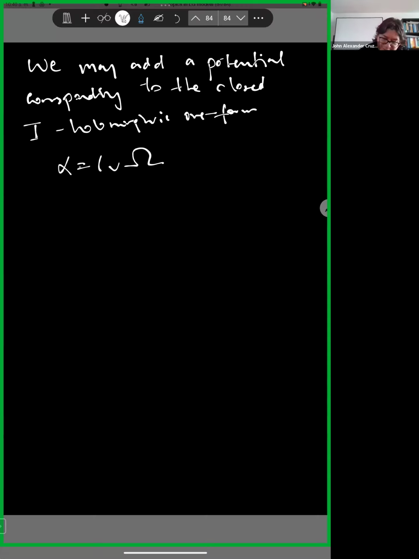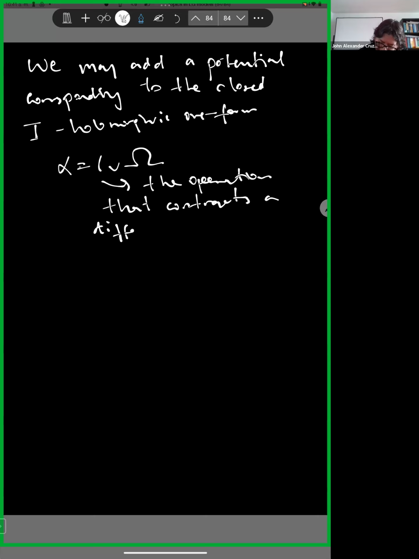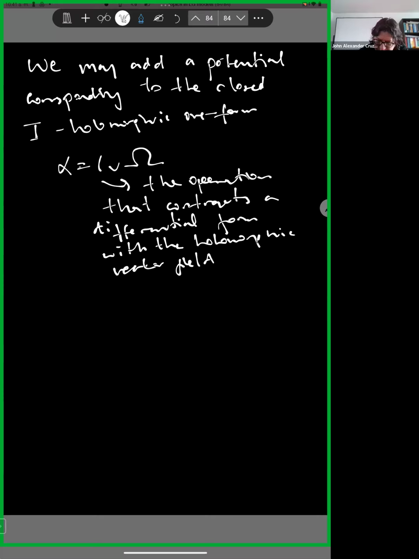So this iota b is just the operation that contracts a differential form with the holomorphic vector field B. So that's the way we can construct this closed one form, right?